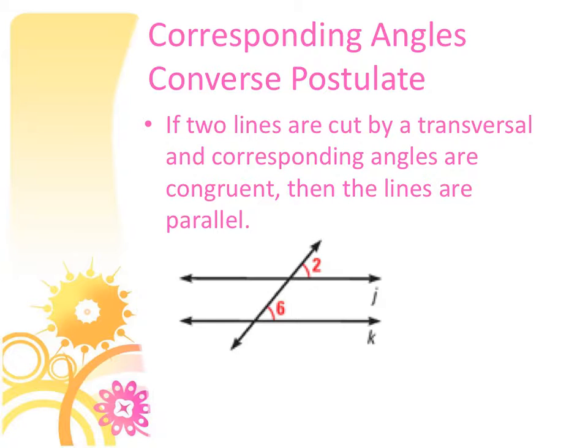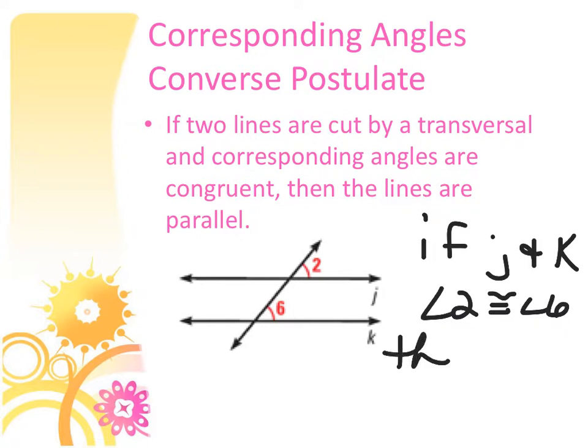So if you wanted to write this with some shorthand, you could say, if lines J and K are cut by a transversal and angle 2 is congruent to angle 6, then we could say J is parallel to K. So when you're describing these as reasons, you would either tell me it's the converse of the corresponding angles postulate, or you would write it out in a sentence and explain what the postulate says.